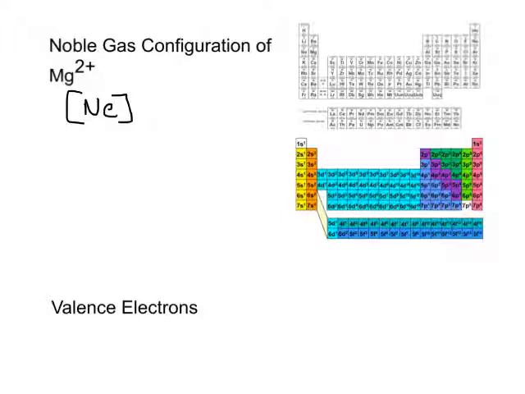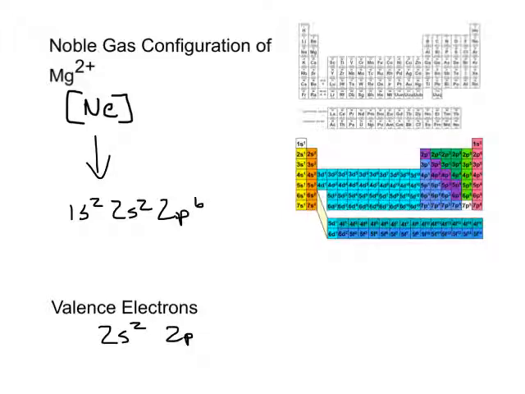And for the valence electrons, remember, just because you don't have anything written after that, that Ne is standing in for 1s2, 2s2, 2p6. So my valence electrons are those in the second shell, 2s2 and 2p6, 8 valence electrons again.